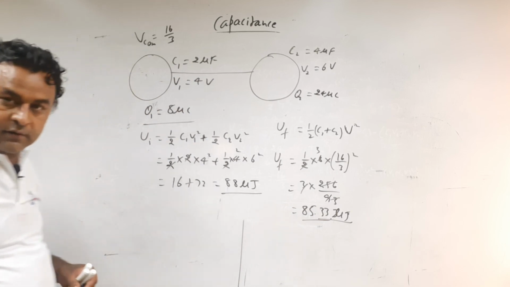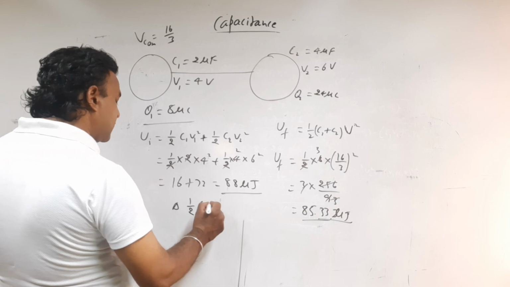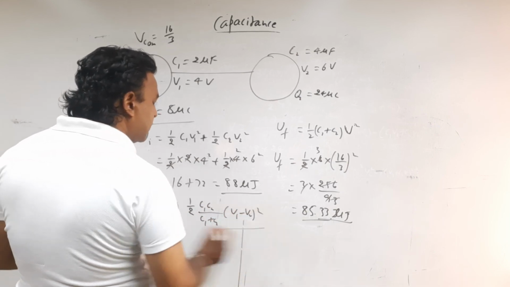Certainly there is loss of energy. It could have been directly calculated as 1 by 2 C1 C2 by C1 plus C2 into V1 minus V2 whole square.